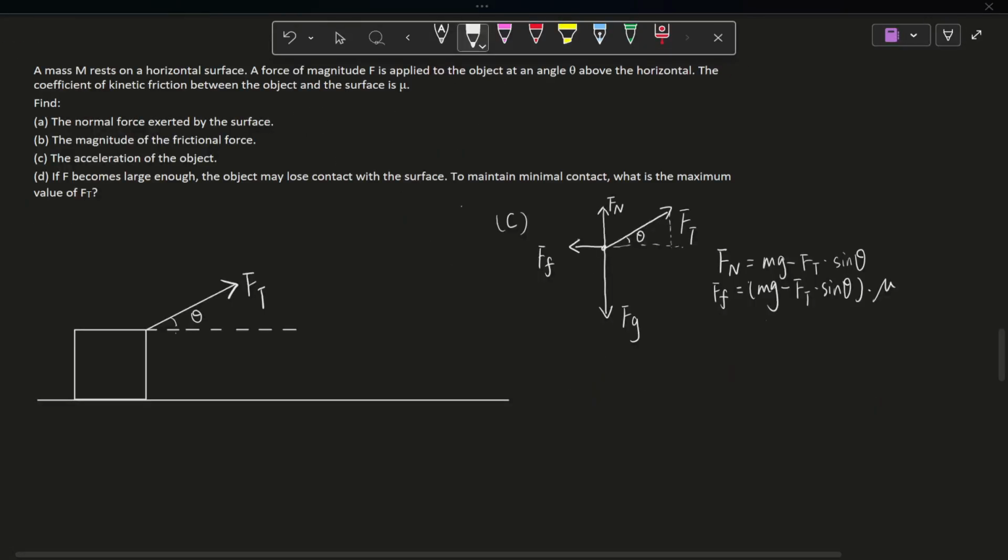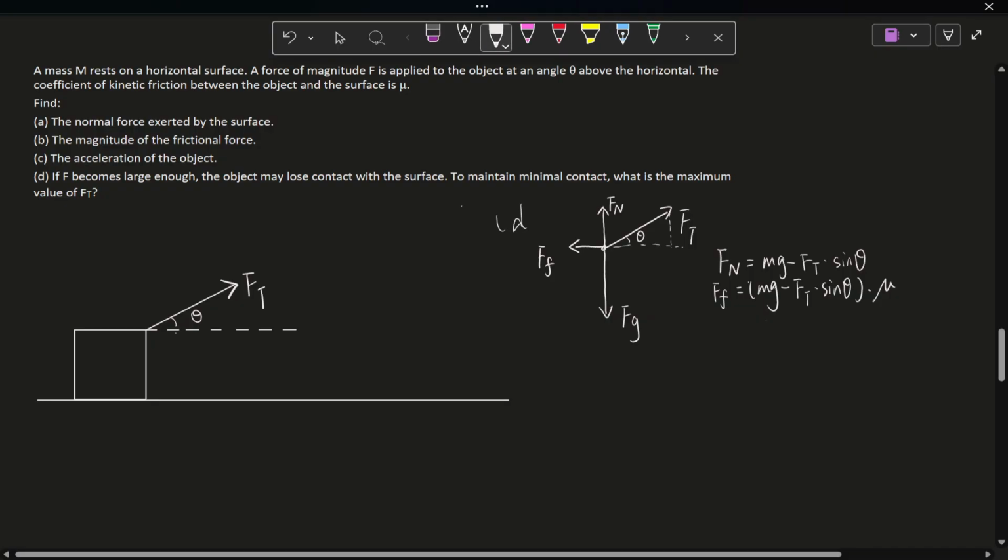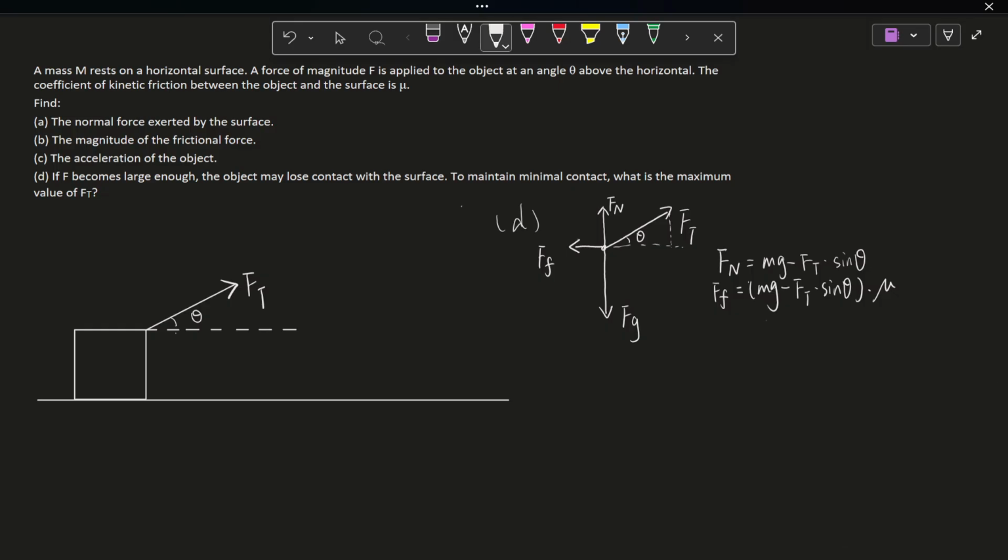Now let's solve the D part. If Ft becomes large enough, the object may lose contact with the surface. To maintain minimal contact, what is the maximum value of Ft? For this question, I first analyze the words in the question. The object may lose contact with the surface.